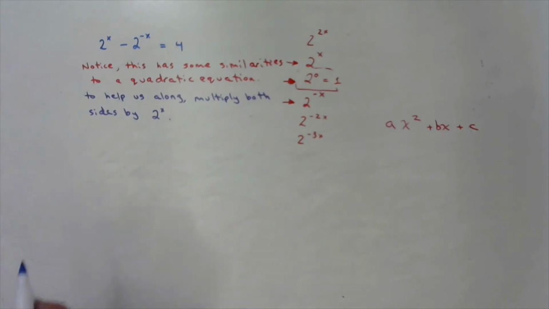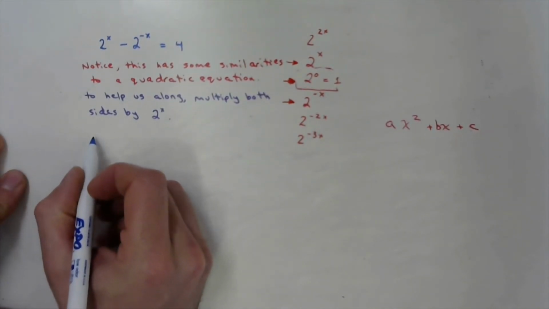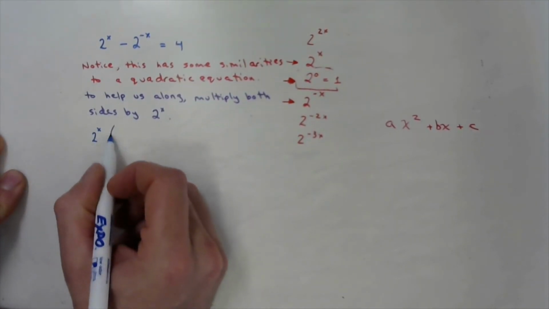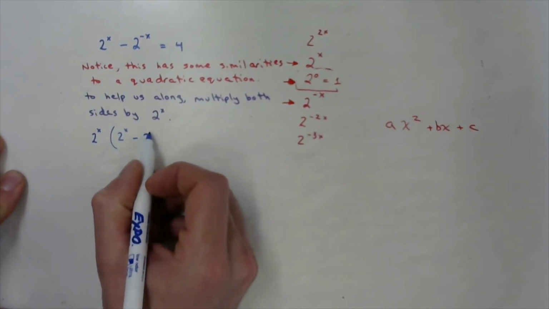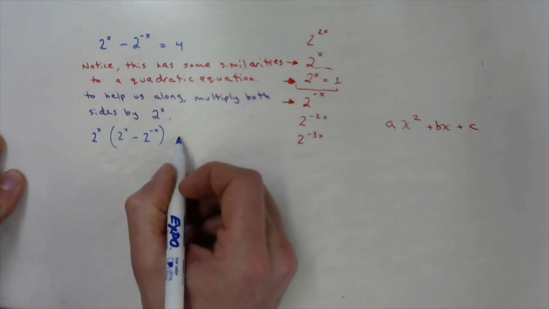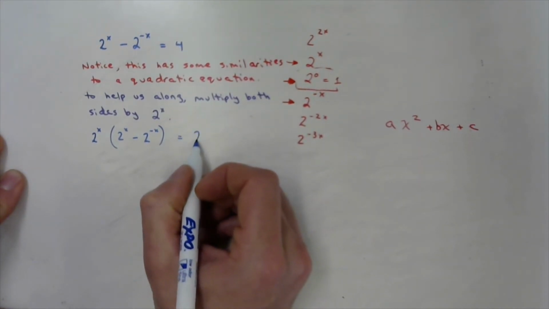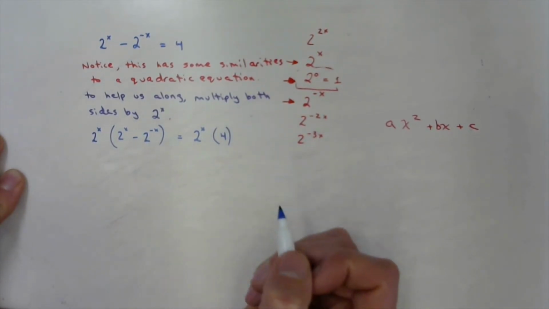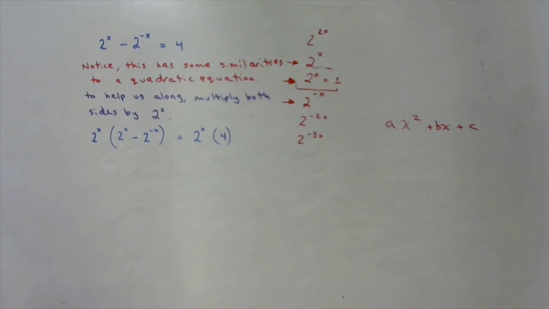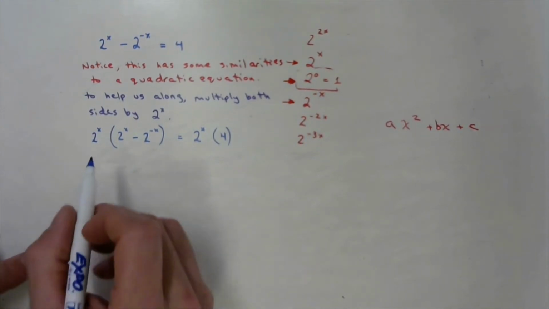Okay, so let's see what happens if I do that. I'm going to do it in a couple of steps. We're not going to rush it, but I've got 2 to the power of x times this left side, and I've got 2 to the power of x times this right side. And now I'm going to distribute and simplify.